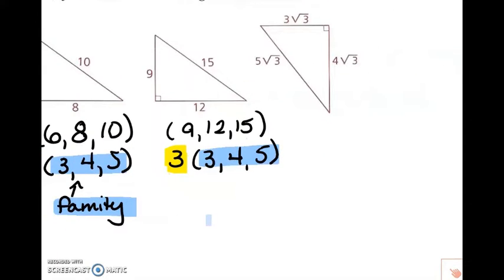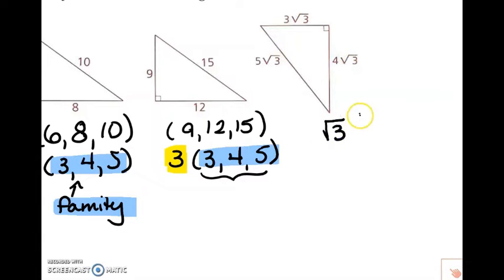The scalar does not need to be a whole number. This is the Pythagorean triple family. You can have a non-whole number or a non-integer number as your scalar. Take a look at this triangle here. Each of the sides is multiplied by the square root of 3.